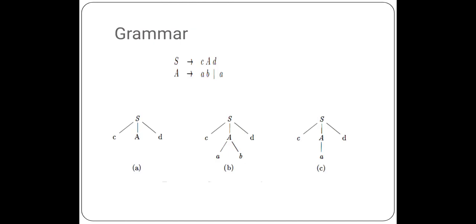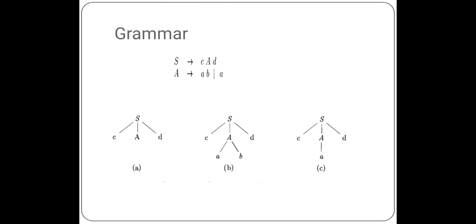And then here is an example where you have two productions: S gives c A d, and A gives a b or a. Here we have used the backtracking process while comparing steps b and c. In step a, we take the capital S and convert it into c A d.